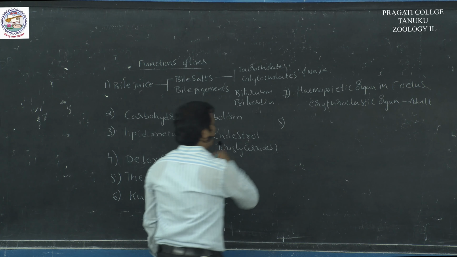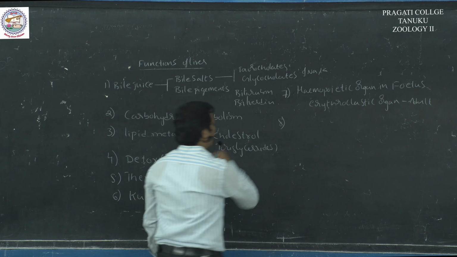So liver is involved in producing plasma proteins like albumins and globulins. It also helps in the production of blood clotting factors like fibrinogen and prothrombin. These two substances are useful in the blood clotting mechanism.